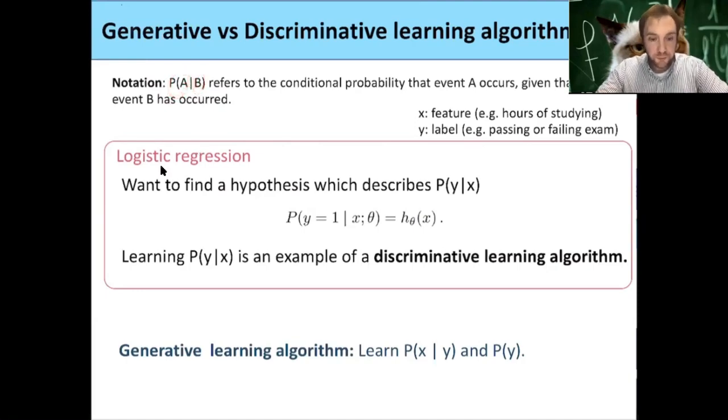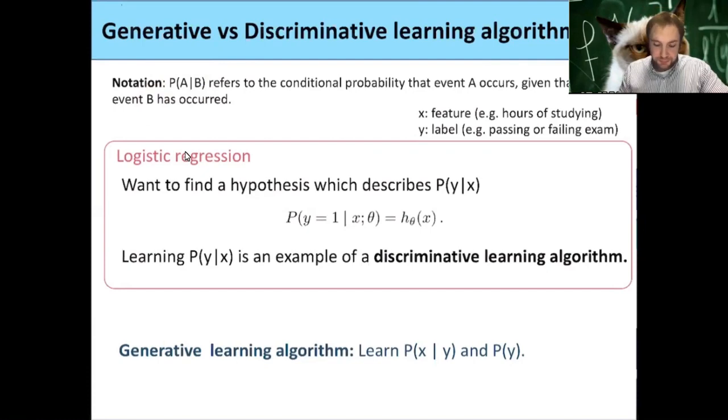For example, A could be the event that the street is wet, and B could be the event that it's raining. The conditional probability that the street is wet, assuming that it's raining, is quite high compared to maybe the probability that the street is just wet.